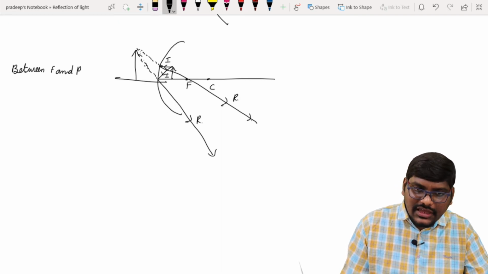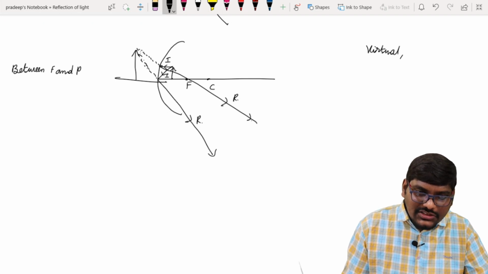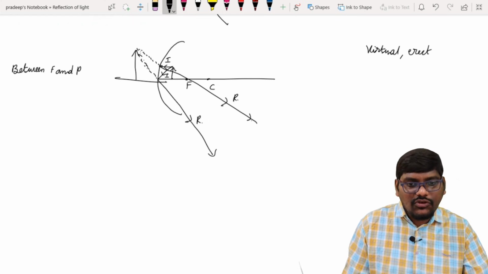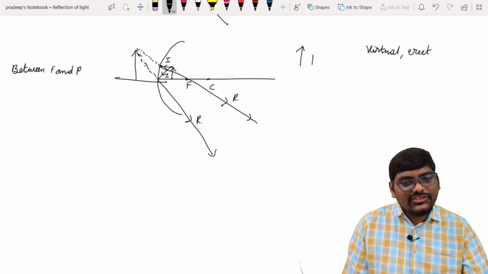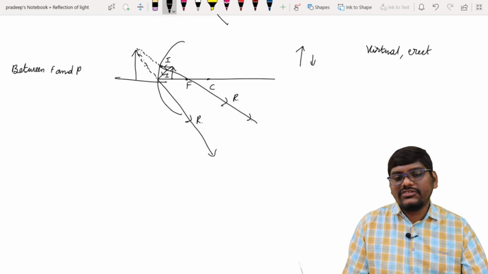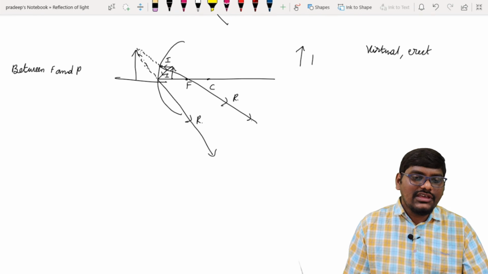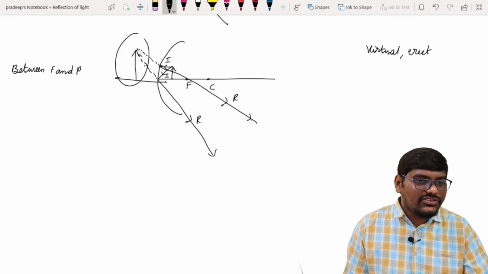So the image details: the image which is formed is virtual and it is also erect. We'll say this sort of image is erect. Till now we have seen only inverted images, like if the object is like this then the image is like this. But now whatever image we are seeing is straight.